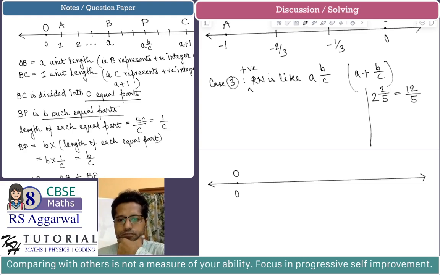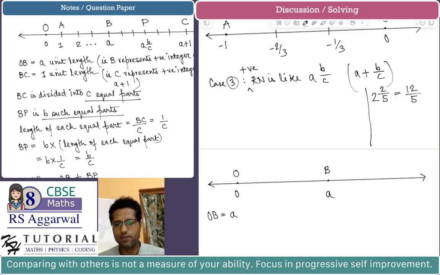Now, a and b by c is nothing but a plus b by c. First we will mark a point B on the right hand side of the origin O on the number line, such that B represents the positive integer a. So the point B is at distance a units from O. OB is a units, at distance a units from O to the right hand side.